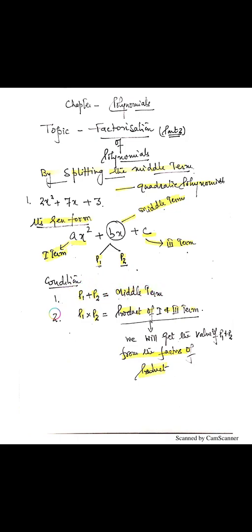Second condition, P1 into P2 is equal to the product of the first and third term. Now from where will we get the values of P1 and P2? We will get them from the factors of the product.